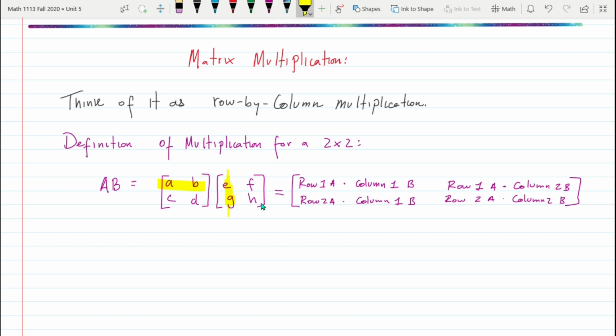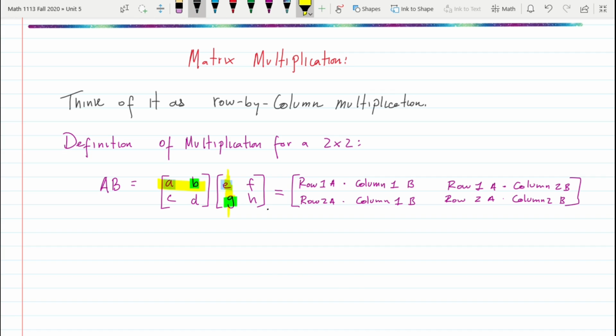And the way this goes is that you do this times this plus this times this. So it's a little complicated, and maybe it shows you better in a little example.